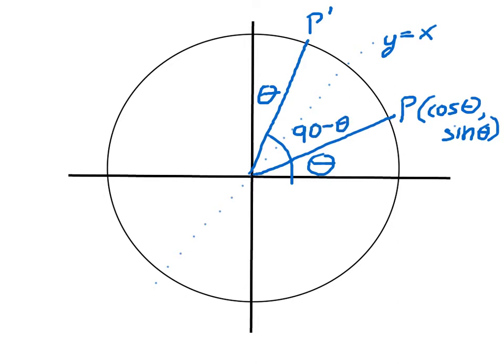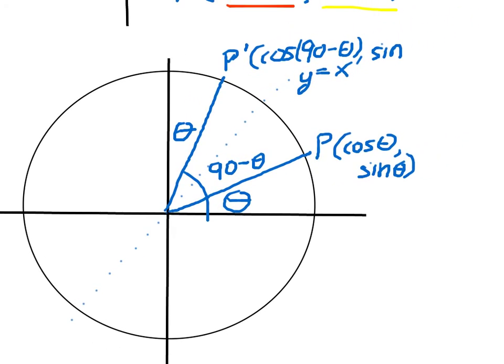So you can see that the coordinates of P prime are going to be the cosine of 90 minus theta and the sine of 90 minus theta.